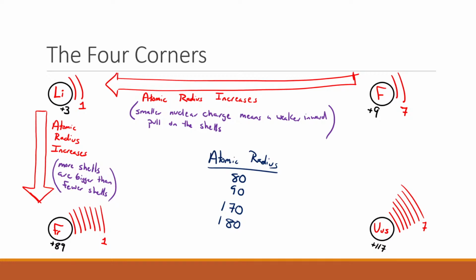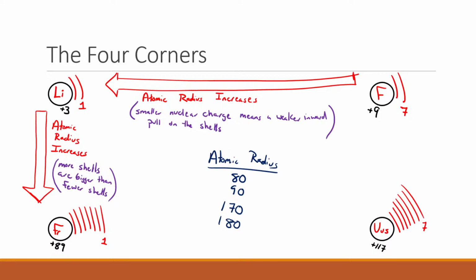When we look at these four elements, we know that the two biggest elements are going to be the ones with the most shells. We know that the atomic radius is going to increase going down the columns.